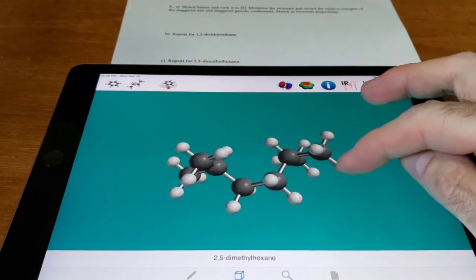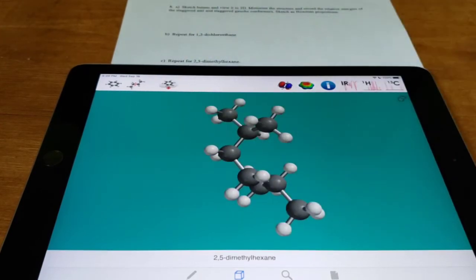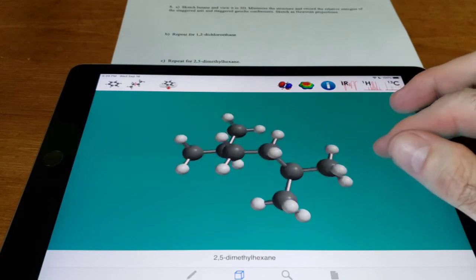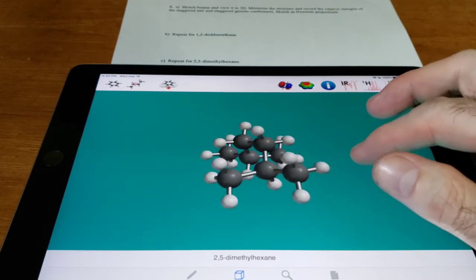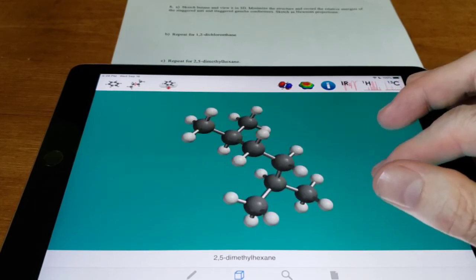These two groups are really going to want to be away from each other. So when I minimize the molecule, it puts them sufficiently apart like this.